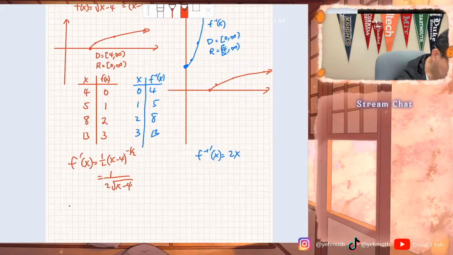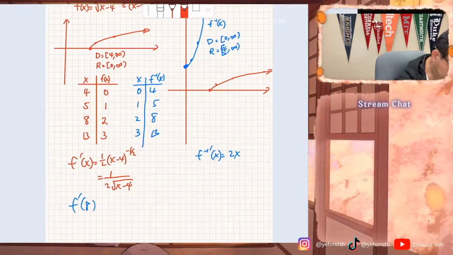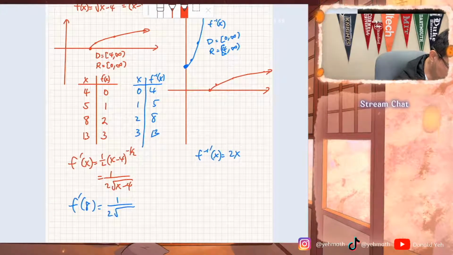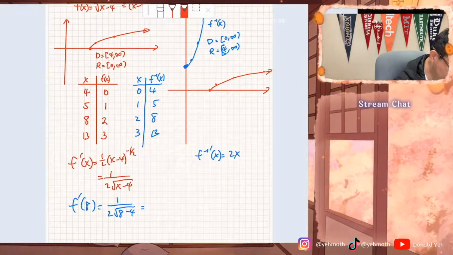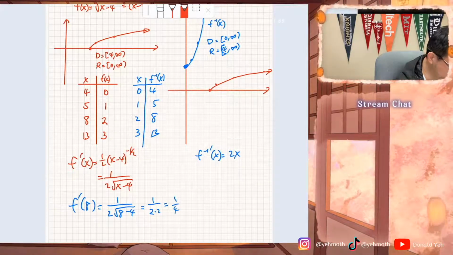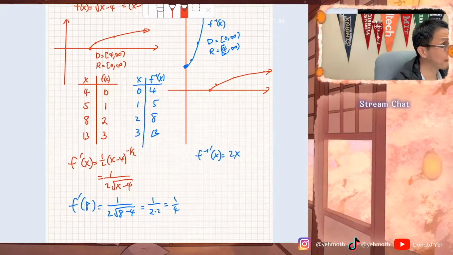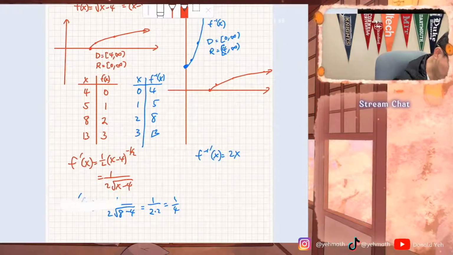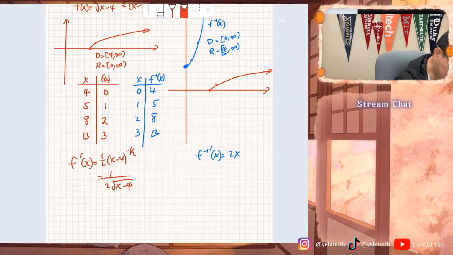So what I'm going to do is plug in 8. What happens if I plug in 8? 1 over 2 square root of 8 minus 4 is equal to what? 1 over 2 times 2, right? Is equal to 1 over 4. Does that make sense? Sorry, that should be the red function. So let me do that again. I'm going to do that in red.